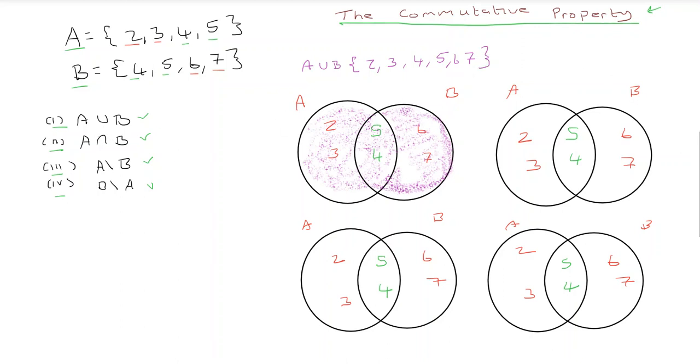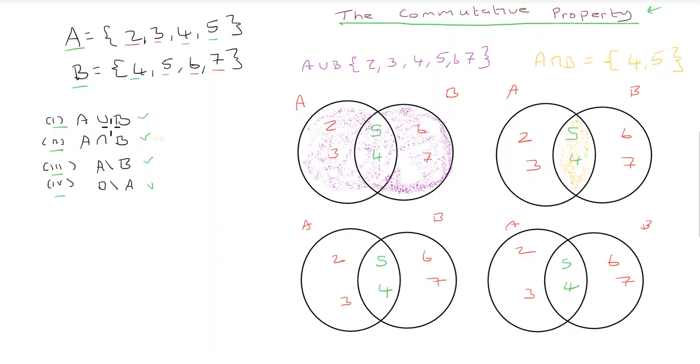Then if we take A intersect B, we could represent, let's say, the next one, so that would be everything in here. So that's A intersect B. A intersect B is going to be equal to the elements 4 and 5.